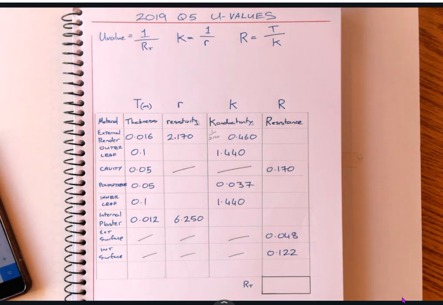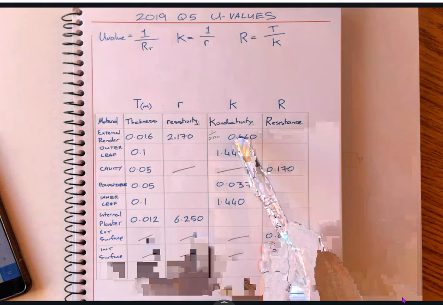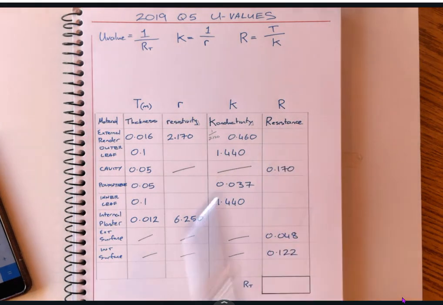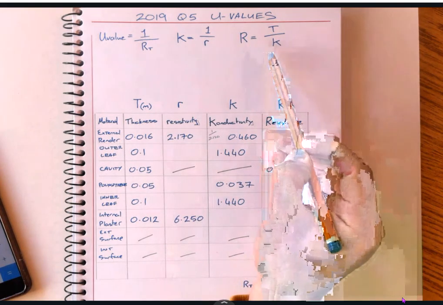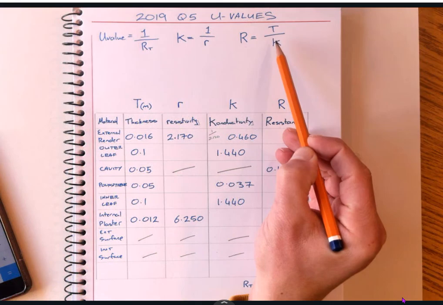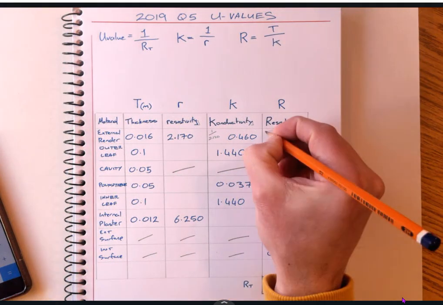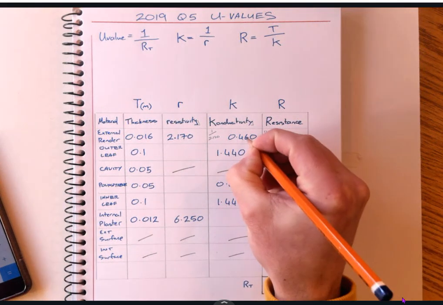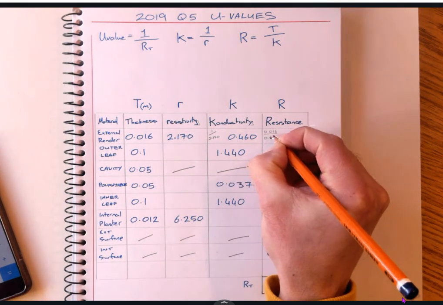Now I've got a little bit more work to do, because I have to turn my conductivity into resistance. Again, capital R. I get to my third formula: capital R, resistance, equals thickness divided by conductivity. So my resistance is 0.016 divided by my conductivity, 0.460.